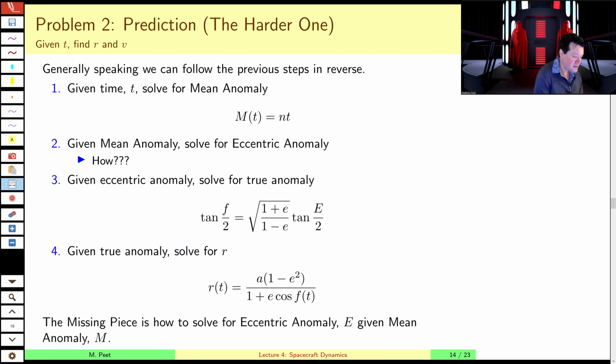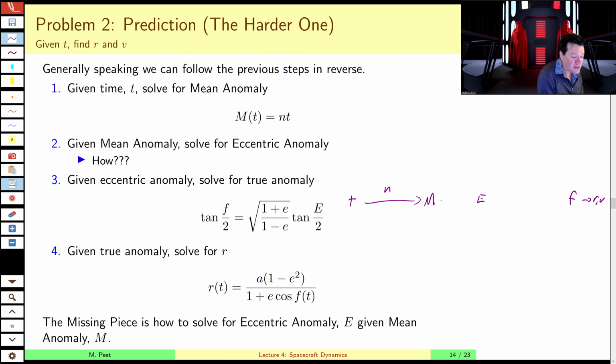And that is the conversion between mean anomaly and eccentric anomaly, where, remember, our goal here is to convert from t to f and hence to r and v, where for t we were able to get to mean anomaly through the mean motion.